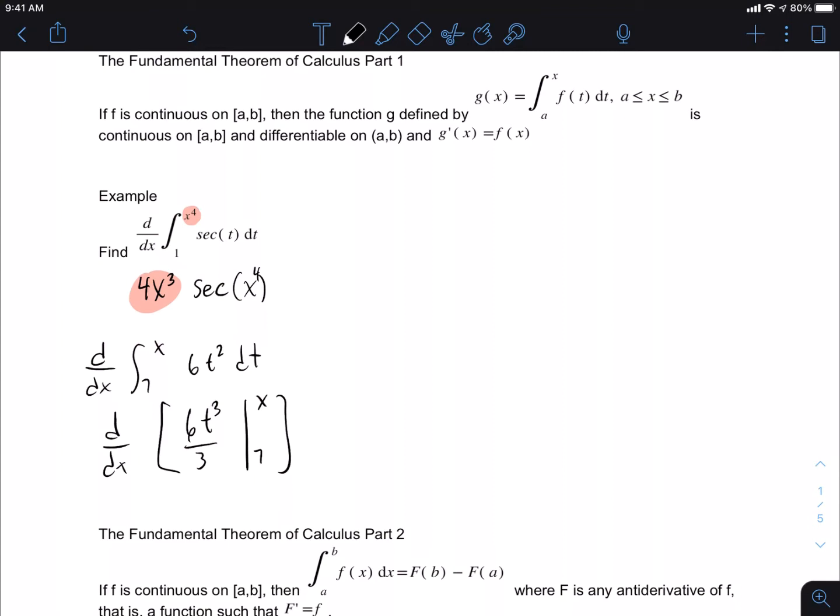So when I evaluate this, I'm going to get the derivative of 2x cubed minus 2 times 7 cubed, who cares, right? But that's just going to be a constant, correct? Yes. So when I take the derivative now, I'm going to get 6x squared minus 0, which is going to give me 6x squared.